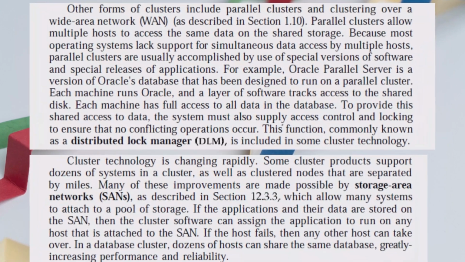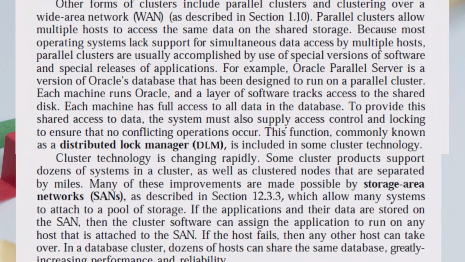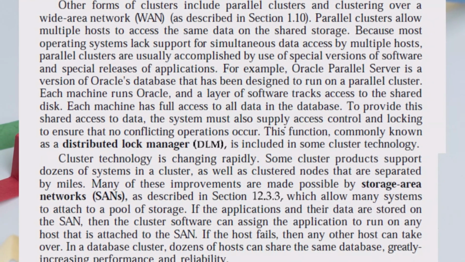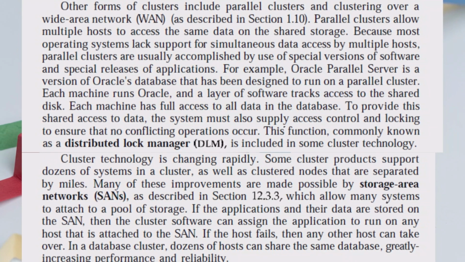Other forms of cluster include parallel clusters and clustering over a wide area network. Parallel clusters allow multiple hosts to access the same data on the shared storage. Because most operating systems lack support for simultaneous data access by multiple hosts, parallel clusters are usually accomplished by the use of special versions of software and special releases of applications. For example, Oracle Parallel Server is a version of the Oracle database that has been designed to run on a parallel cluster.